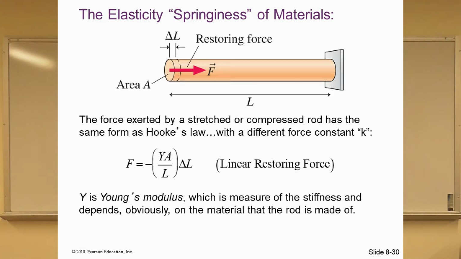The material wants to return to its equilibrium length. This restoring force is related to a fundamental property of the material called the Young's modulus. This expression looks a lot like the Hooke's law force. We'll assume that this delta L is our delta x, and so this constant in parentheses here is our effective spring constant.